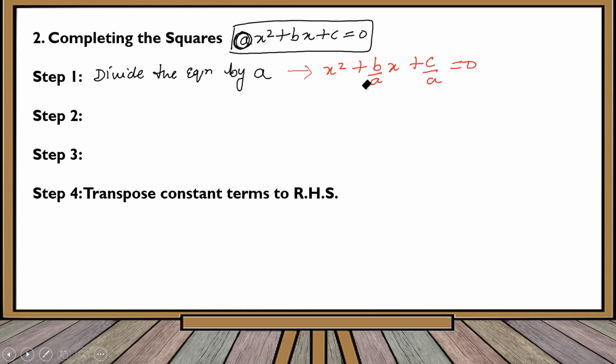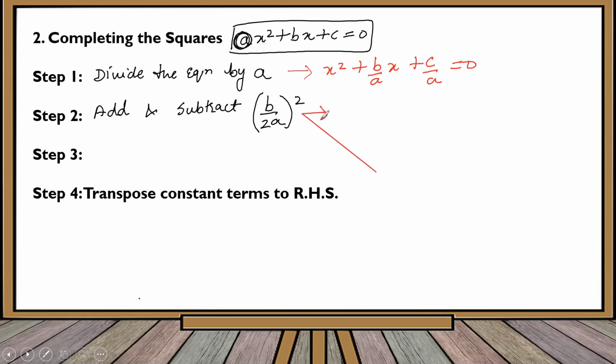Okay, so next step says that we need to add and subtract b upon 2a whole square. Add and subtract b upon 2a whole square. When we do this, what is going to happen?